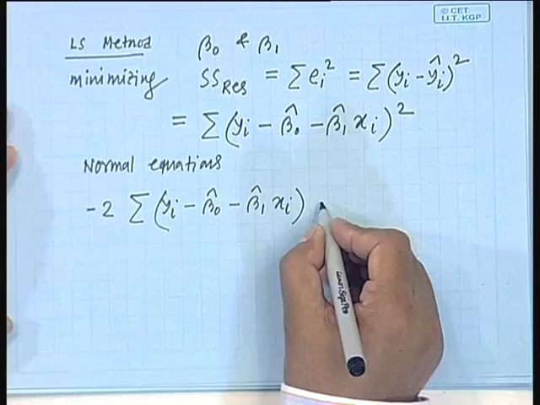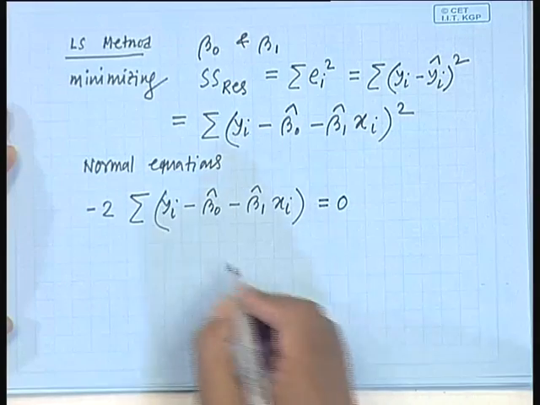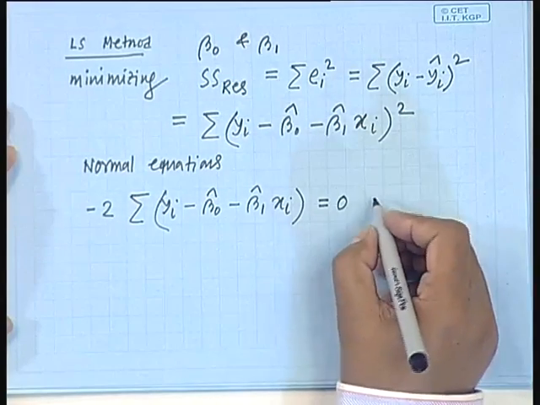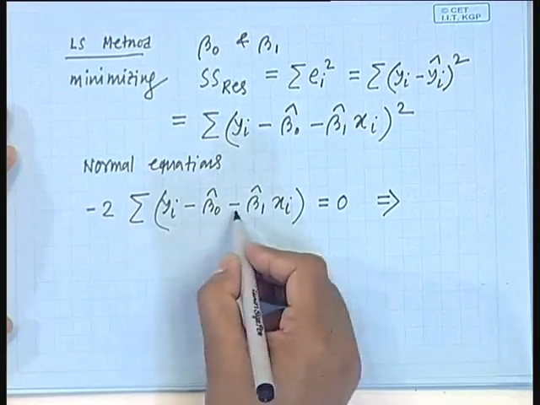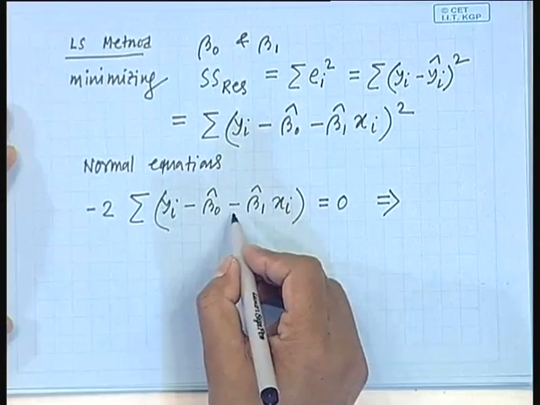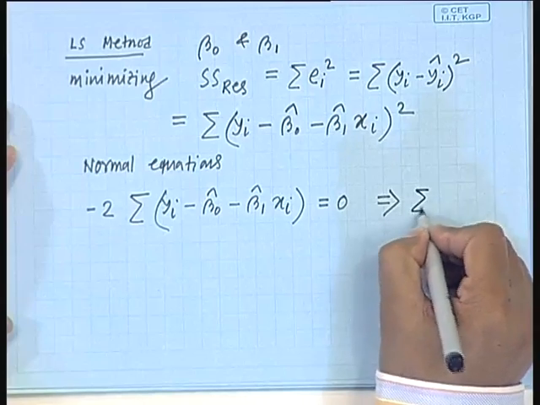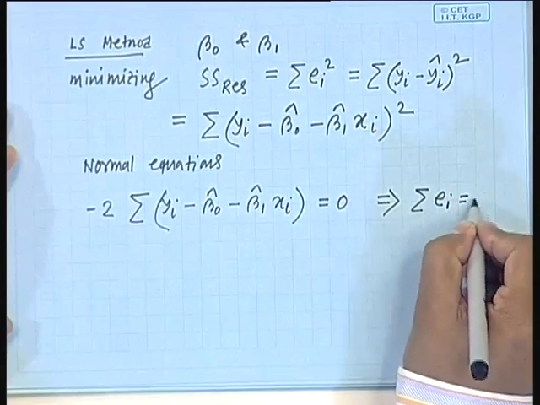And we equate this to 0. So this is the first normal equation, and this is nothing but yi minus yi hat. So this one is nothing but summation ei equal to 0.